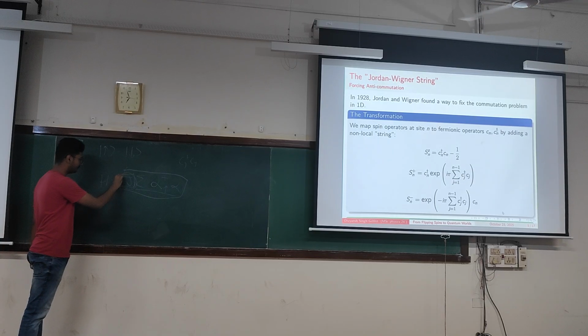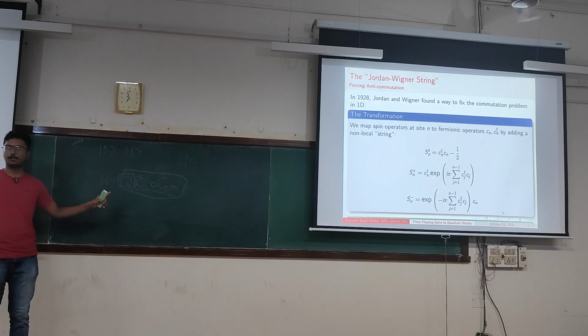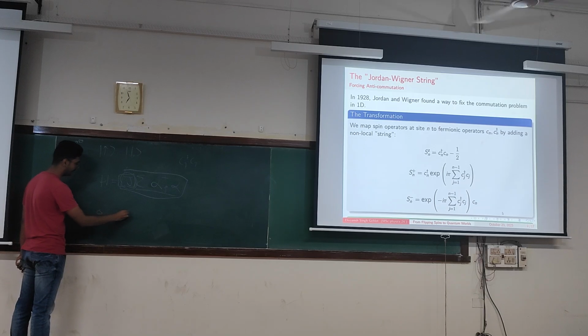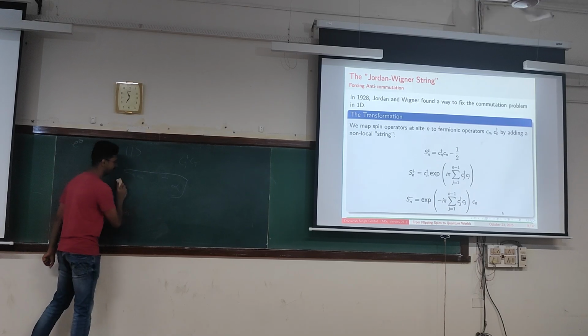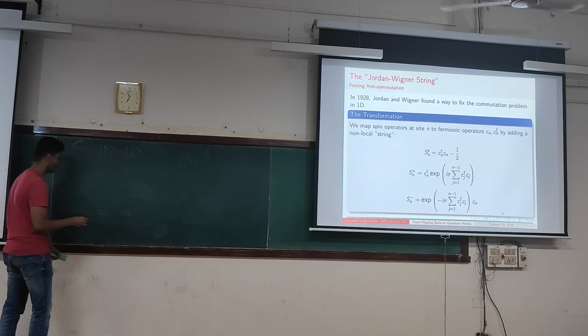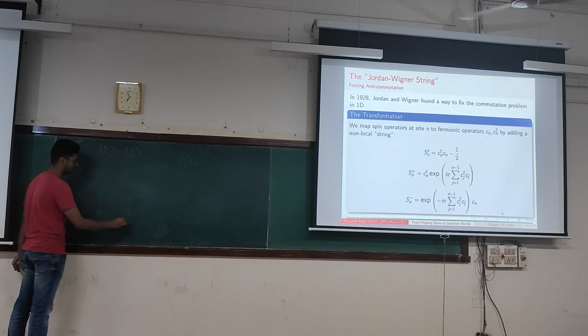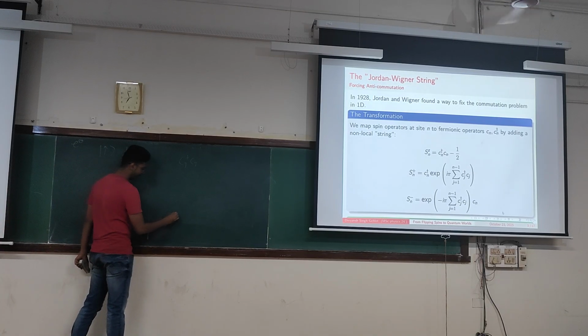What is J? J is a coefficient of two spins interacting. So let's suppose we go on two different sites, this side and this side, and one case will be this and this.